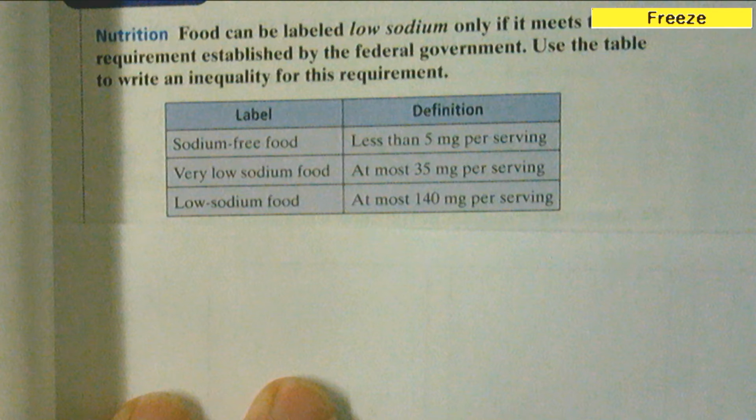So you're choosing a variable, and you're writing an inequality for the information there for low sodium food. So you want to write an inequality representing the requirement for low sodium food.